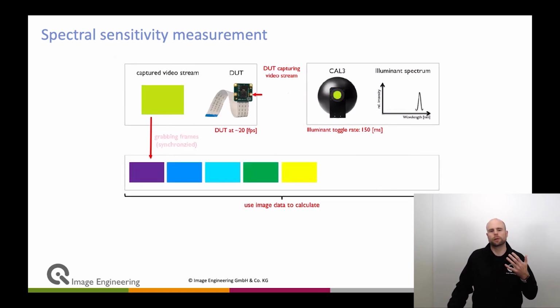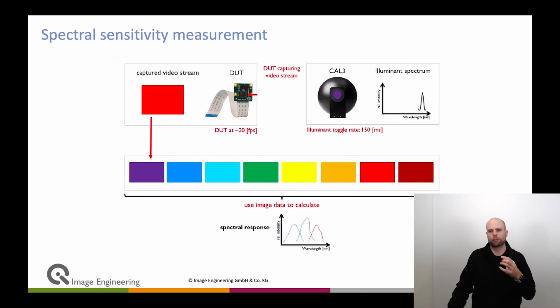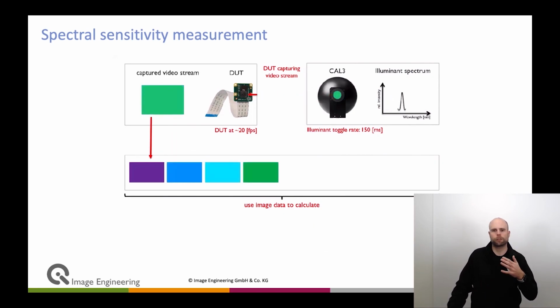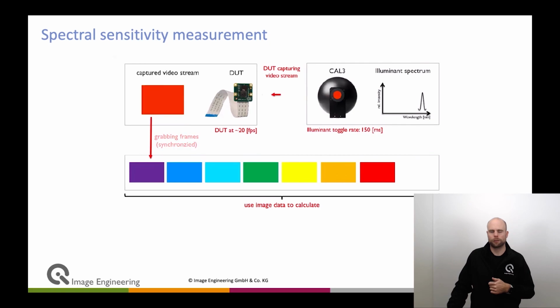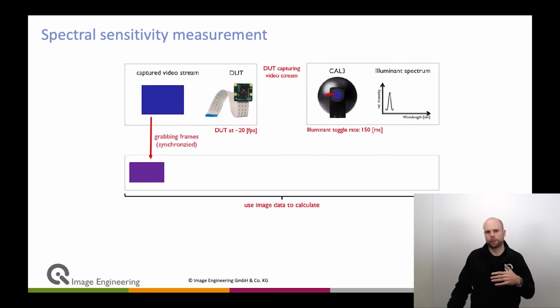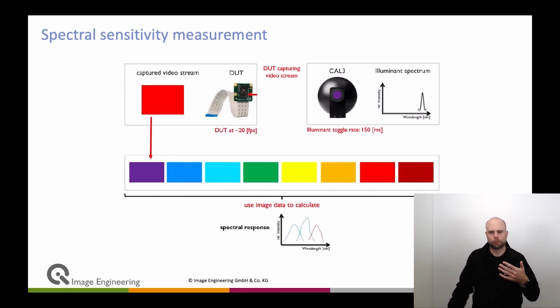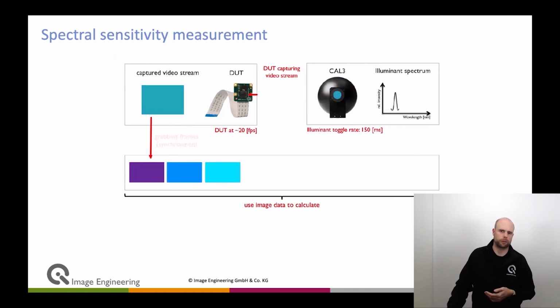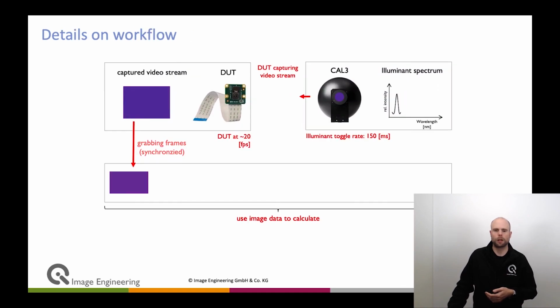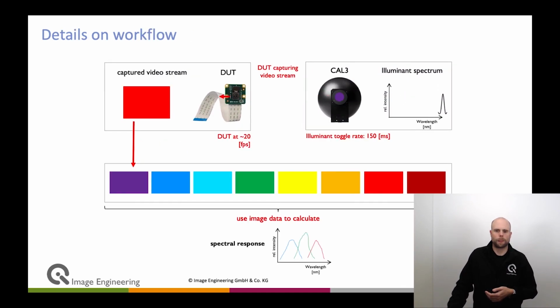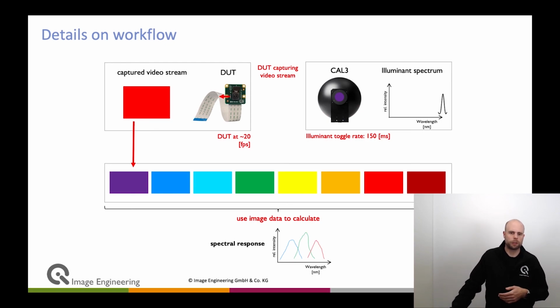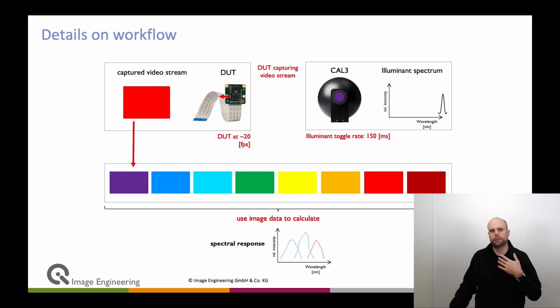Basically, your DUT, your device, will capture images while the calibration device changes its color channels. You do this 21 times plus a black, store the images, provide them to the API, and it will then do the calculation. That will give you the spectral response, and based on that, you can do calculations and optimization to get your correct color conversion.